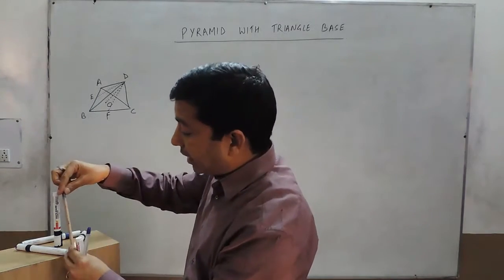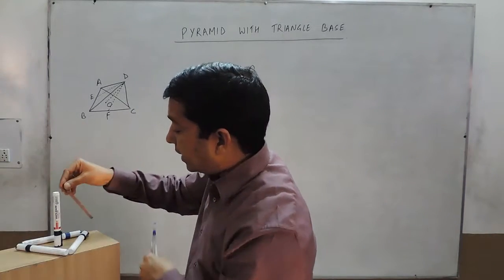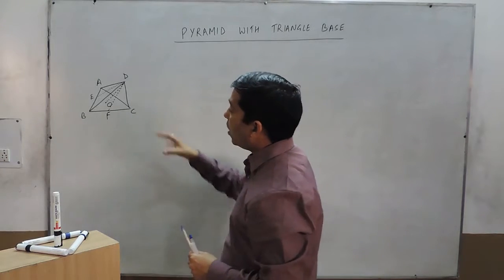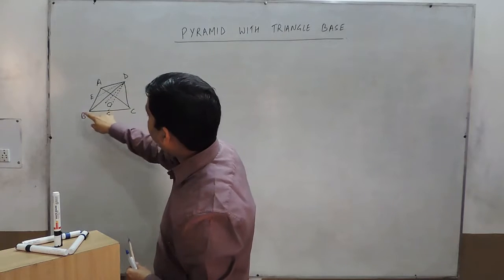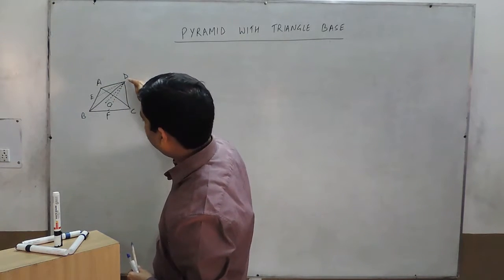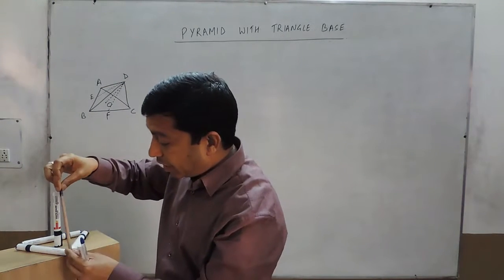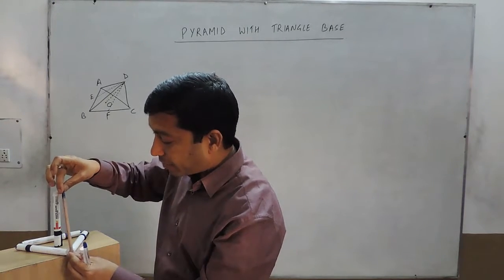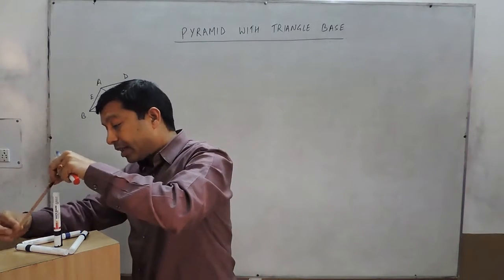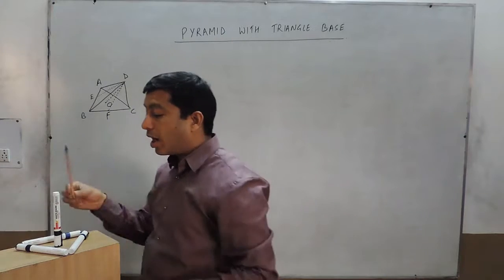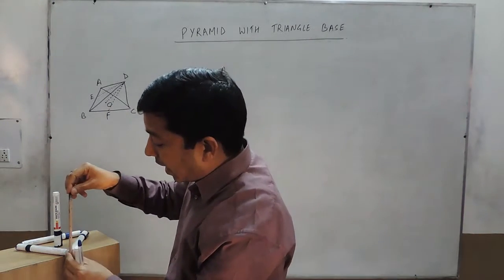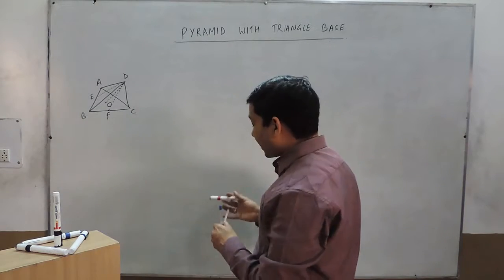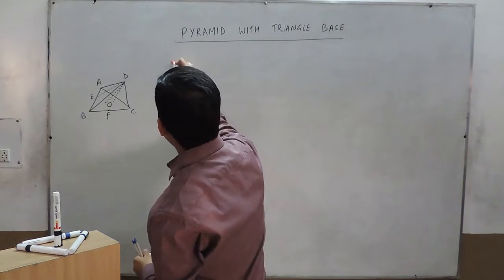Now, in this case, DB, DA and DC, all three are equal. While drawing it on paper as a three-dimensional figure, it looks like DB is greater than DA. But practically, if we make it, then this is DB and this is DA, and both lengths are equal. This is known as the slant height at the vertex, and it can be denoted by LV.